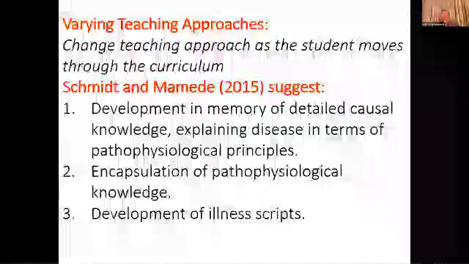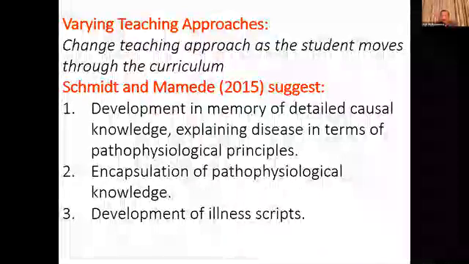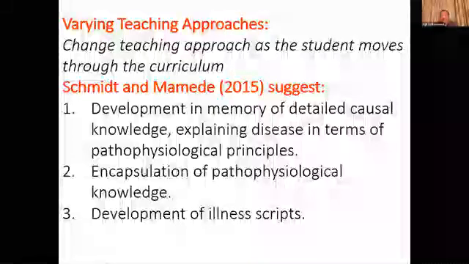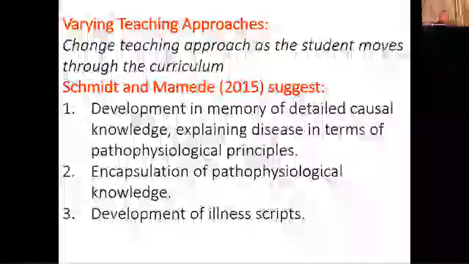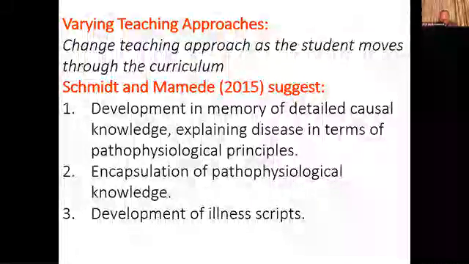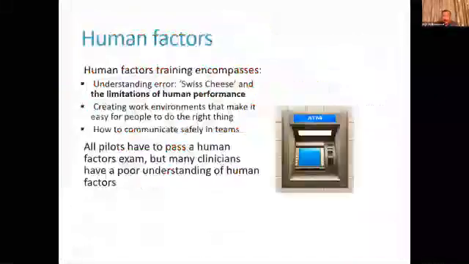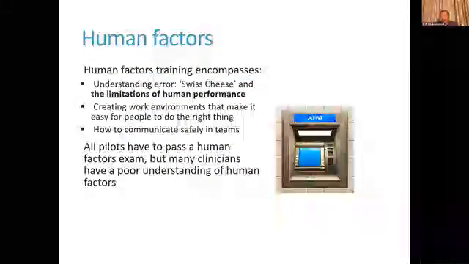First of all, we need to develop the knowledge acquired by the student and put it in pathophysiological principles. Then we encapsulate them, we put them in illness scripts, and these illness scripts will be used for the clinical reasoning.